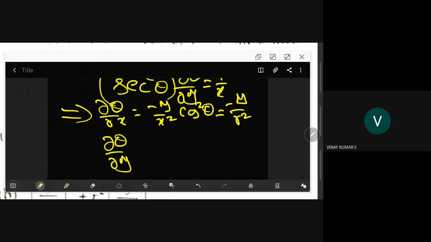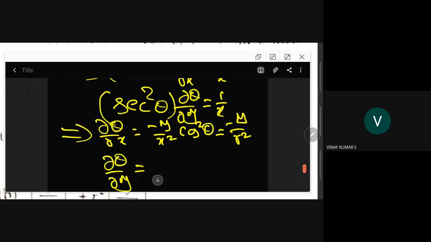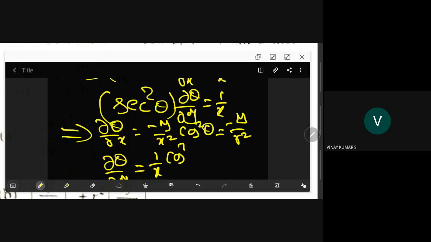∂theta/∂y is 1 by x into cos square theta. X is again r cos theta. So we have cos theta by r cos theta, r will come. Cos theta by r will come.